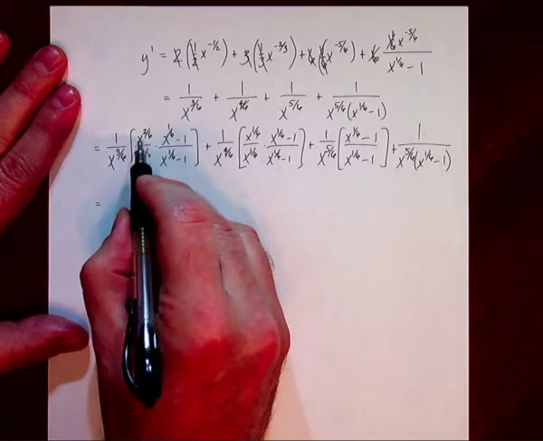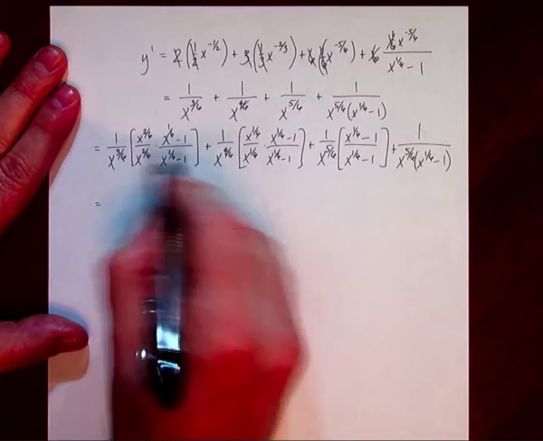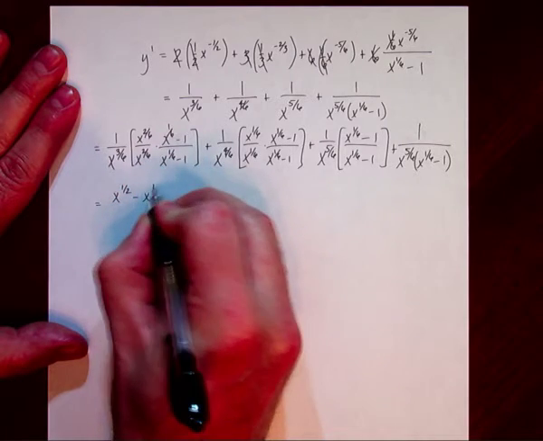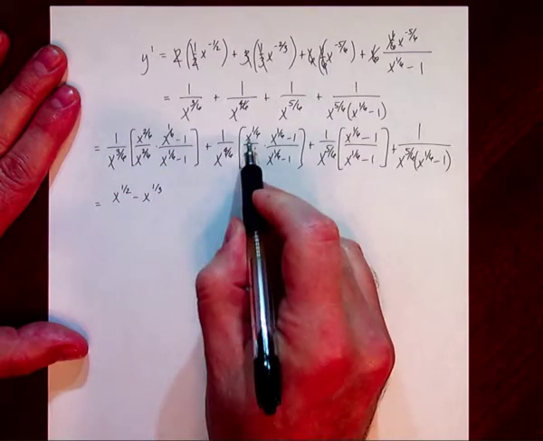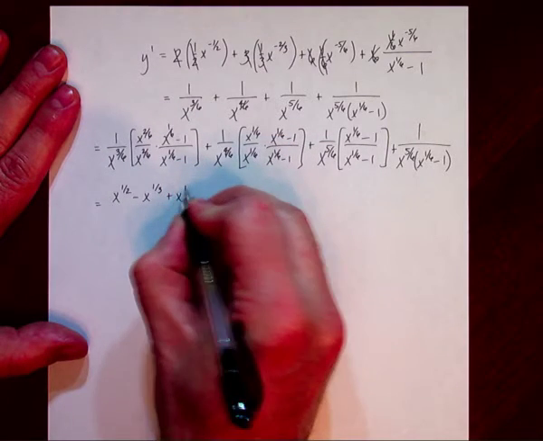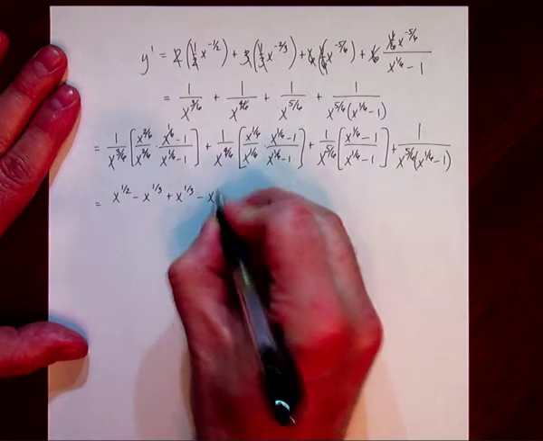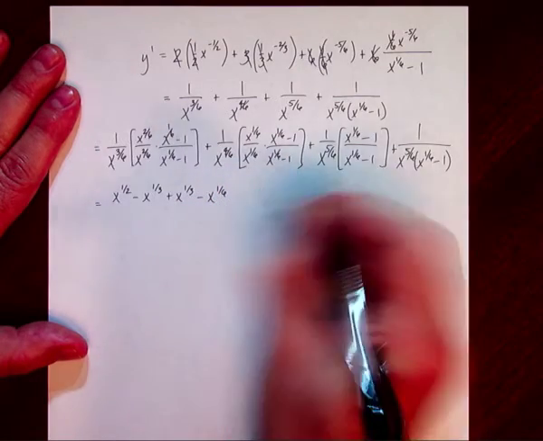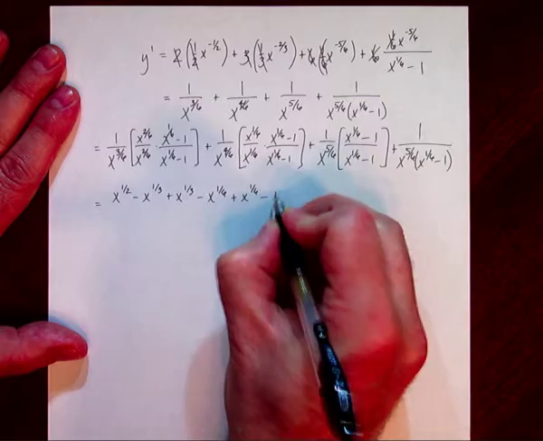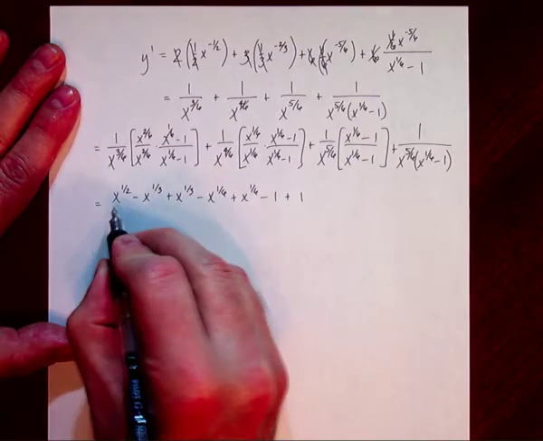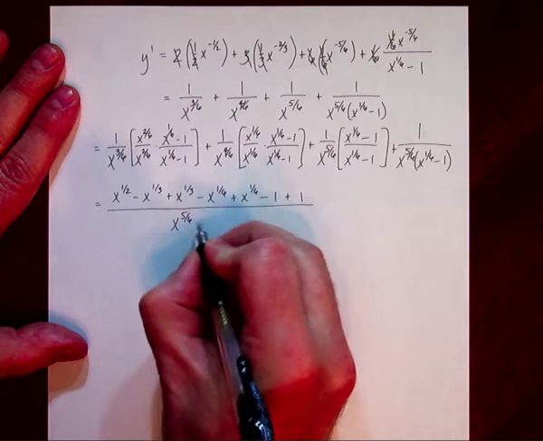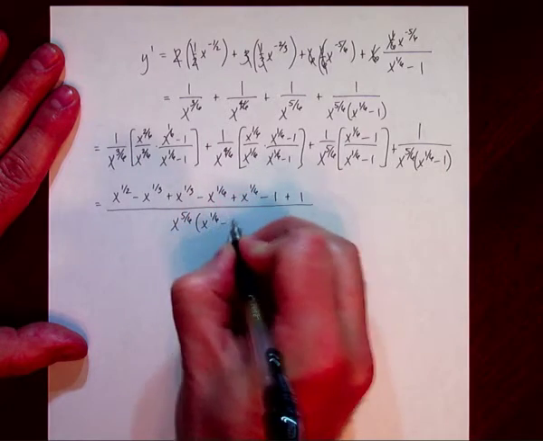And so x to the 2/6 distributed across here becomes x to the 1/2 minus x to the 1/3. X to the 1/6 distributed across here becomes x to the 1/3 minus x to the 1/6. And I guess you see where this is going. This is positive x to the 1/6 minus 1 plus 1, all of that over x to the 5/6 times x to the 1/6 minus 1.